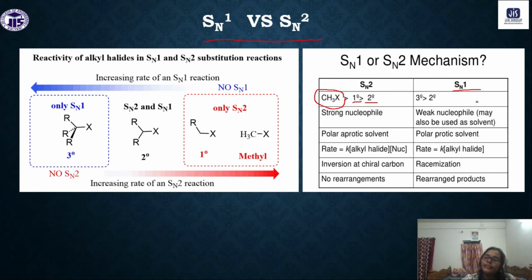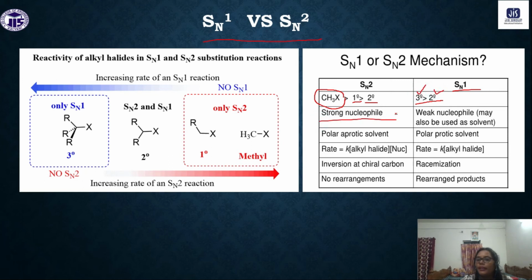For SN1, as we have the formation of a carbocation, the substrate for which the carbocation will be much more stable will follow the SN1 mechanism. So here also 3 degree is greater than 2 degree in the probability of following the SN1 mechanism.